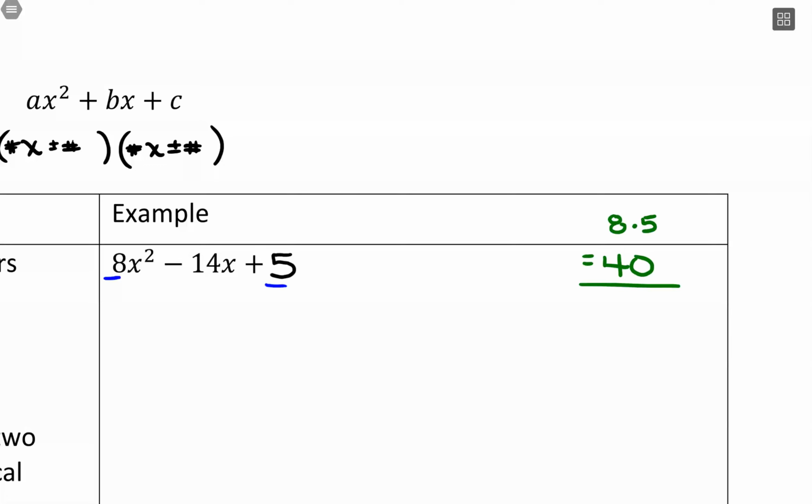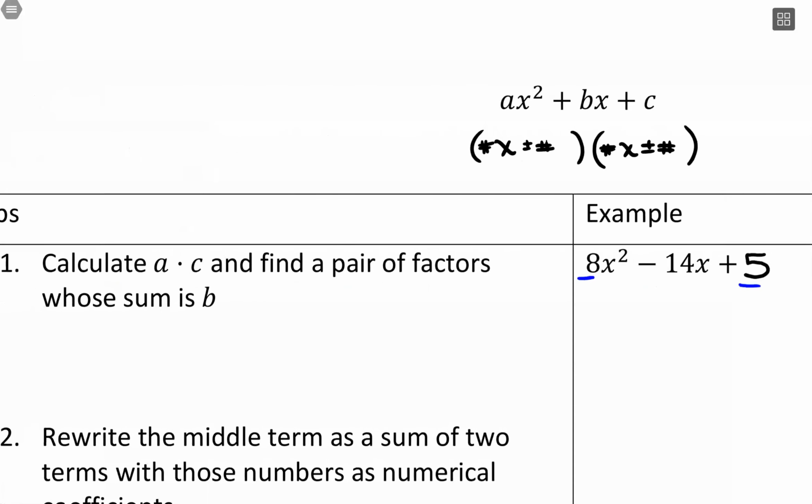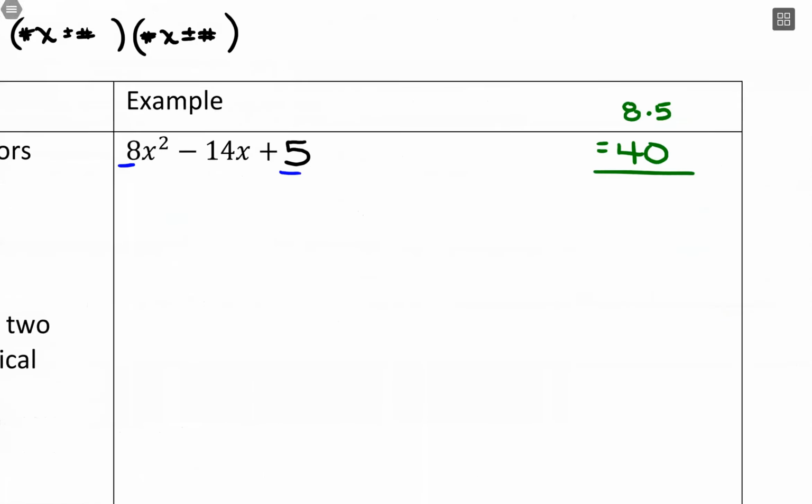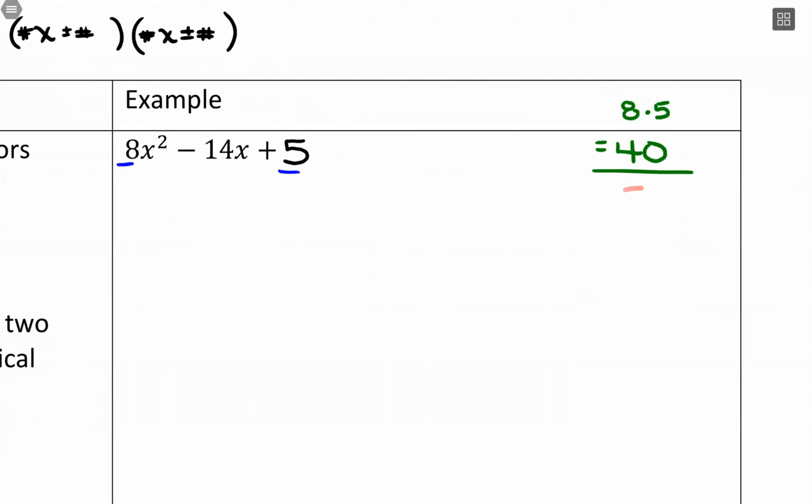So listing out these factors of 40, I want to do something similar to what I did before, in that I want to look for a sum that equals b. So I want to look for two factors that add up to negative 14. So I'm going to need negative numbers here. To get a positive, it's going to be two negatives.